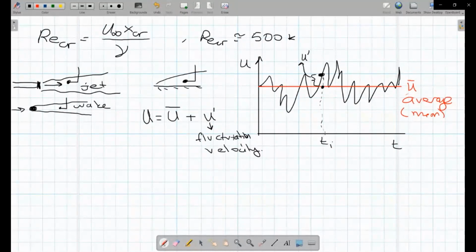So as you can see, u bar value is not a function of time. It's constant with time, but u prime is a function of time, and u is also a function of time.